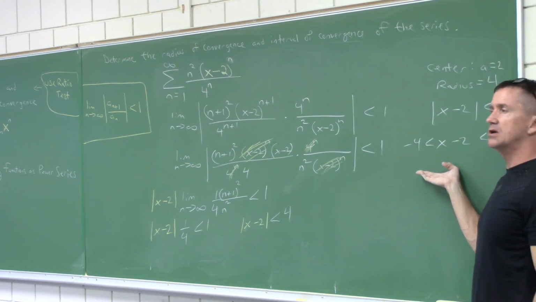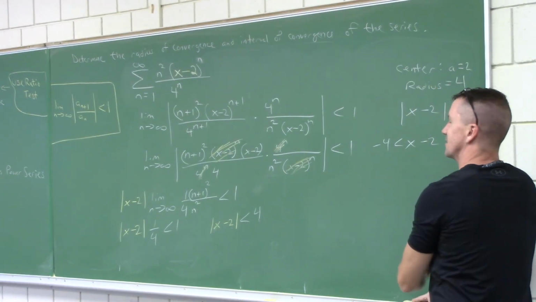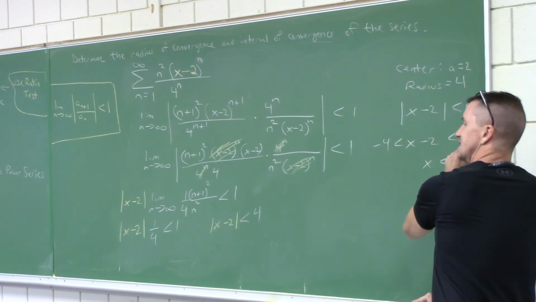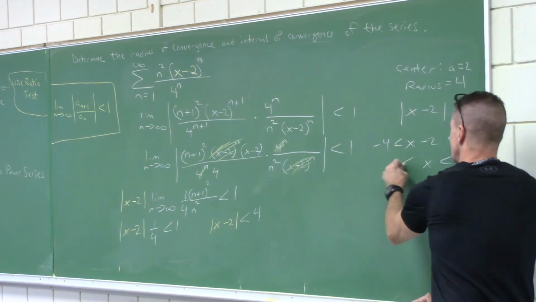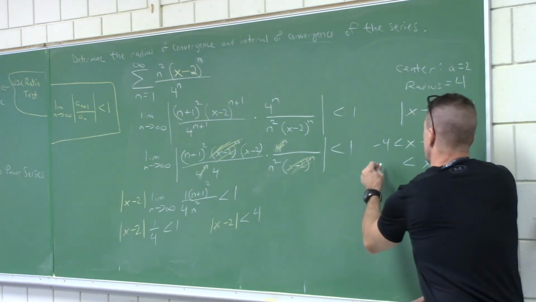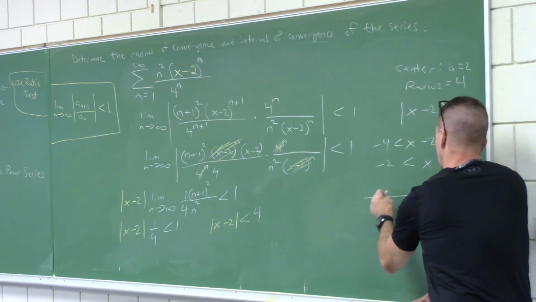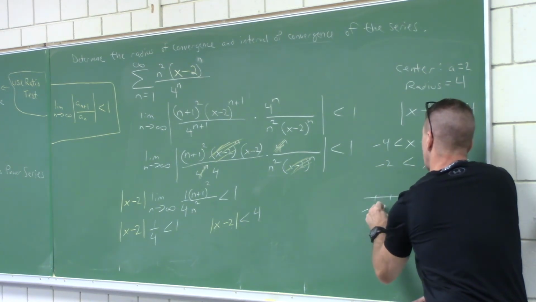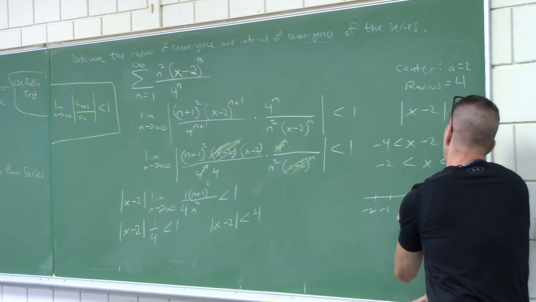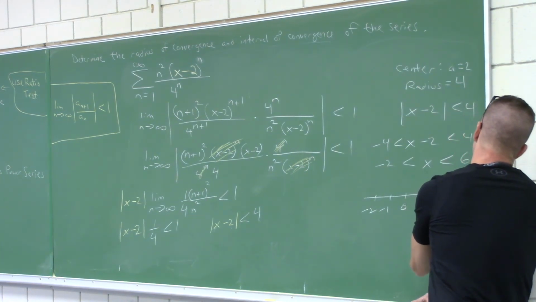Like in an intermediate algebra class, an absolute value inequality. Now solve for x in the middle. The highest it gets to is 6. What's negative 4 plus 2? Negative 2, good. And look at the number line. I like to just draw it out. All right, went to a negative 2, and then negative 1, 0, 1, 2, 3, 4, 5, and 6.